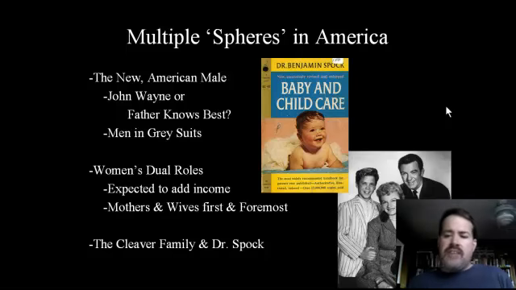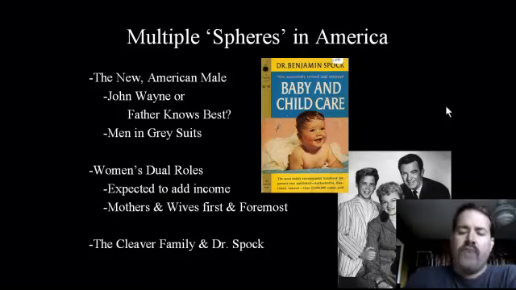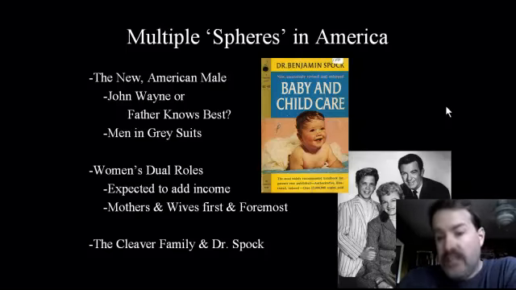So labor-saving devices allow the women to complete their traditional job of mother and wife, but at the same time give them free time to expand their role.